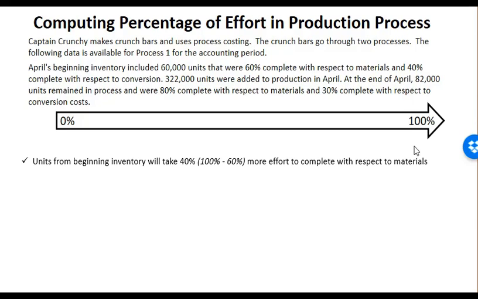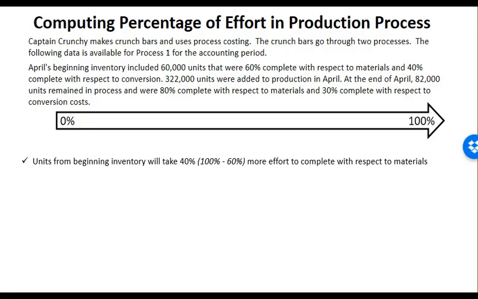Now, we can make some observations. First of all, we need to look at the units in our beginning inventory, and we have to make two observations about them. The first observation is that units from beginning inventory will take 40% more effort to complete with respect to materials. So if those units have been completed, we had to add another 40% of effort to those units.